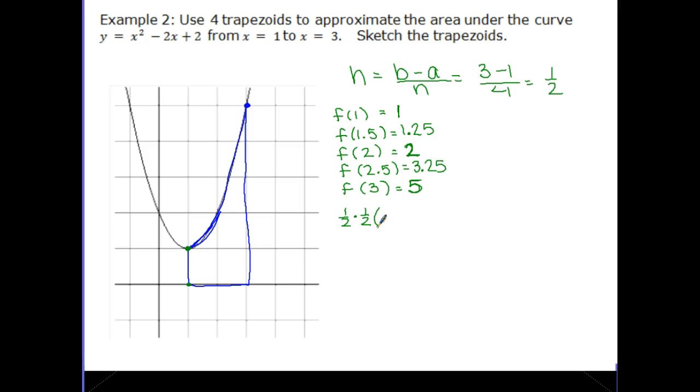So base 1, the height at 1, and base 2, the height at 1.5, which is this first trapezoid here, would be the 1 and the 1.25. Then we're going to add in the second trapezoid. It starts where this one ends, and then it goes to 2.